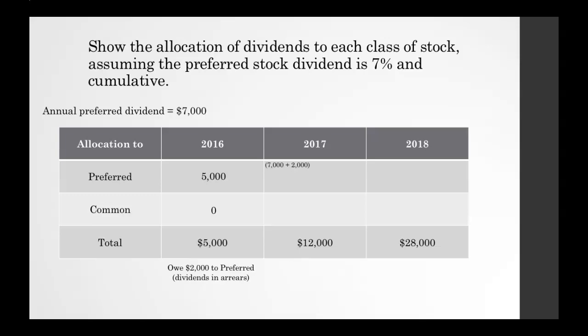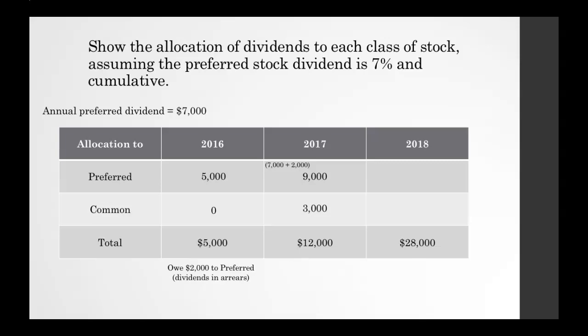So if we take $7,000 plus the $2,000 that we owed from 2016, preferred will get $9,000 in cash dividends for 2017. Now, common will receive anything that's left over, right? A total of $12,000. The first $9,000 are all going to preferred shareholders. So that means that there's $3,000 left over for common.